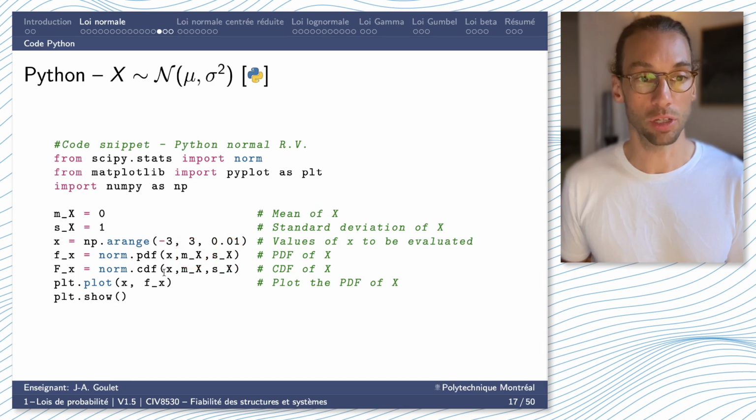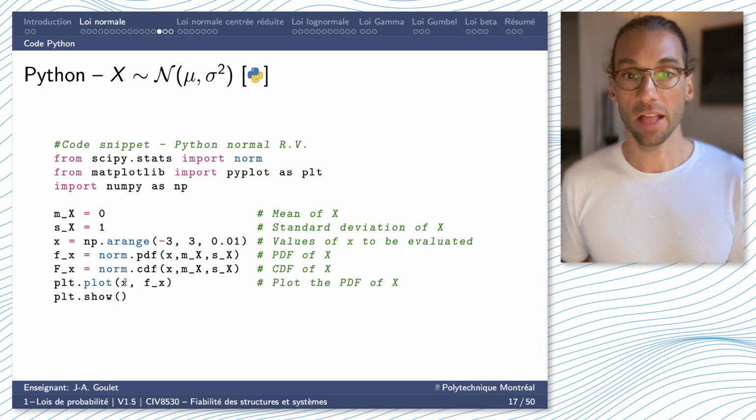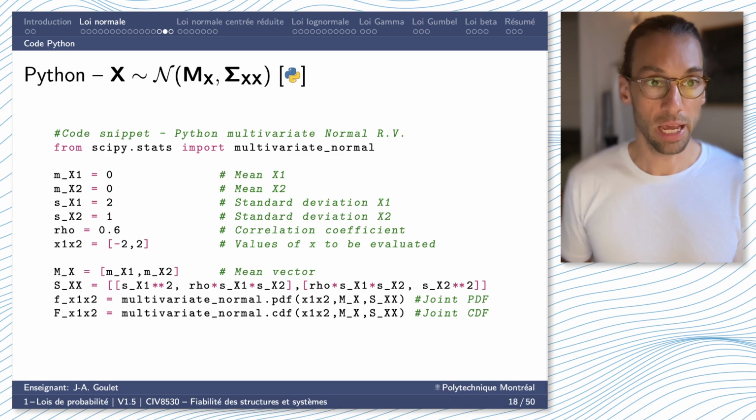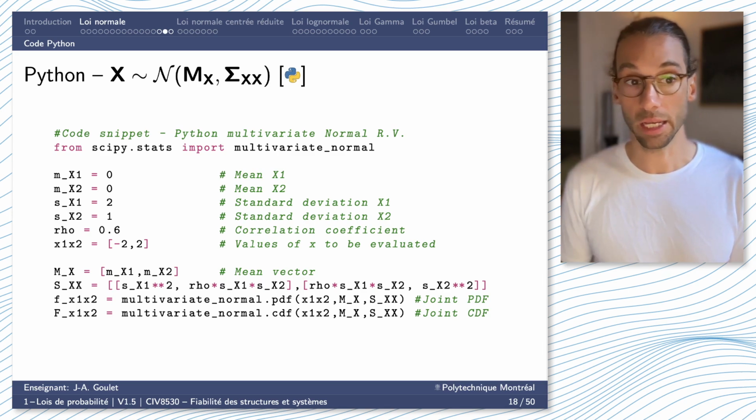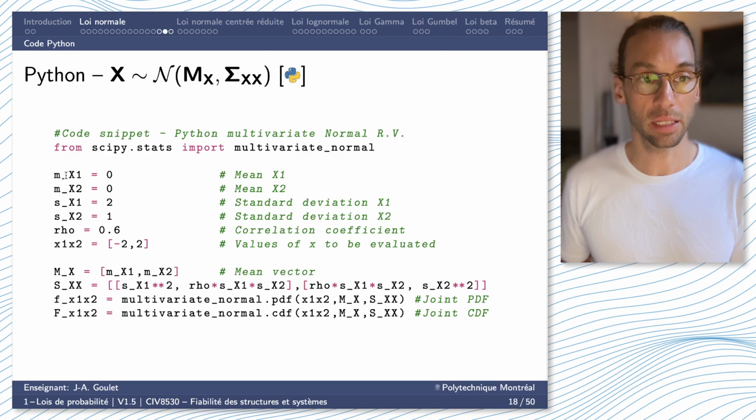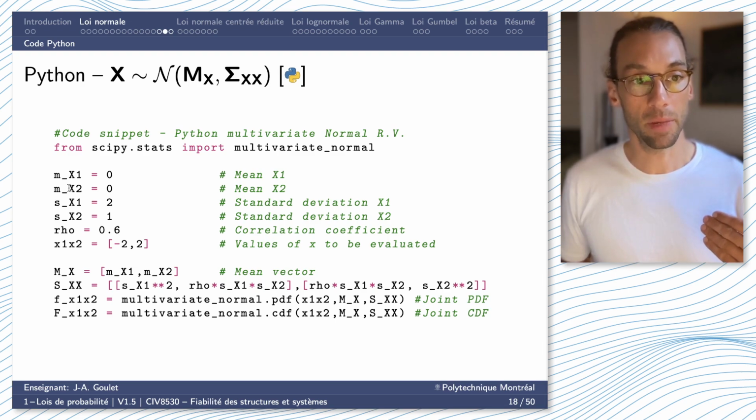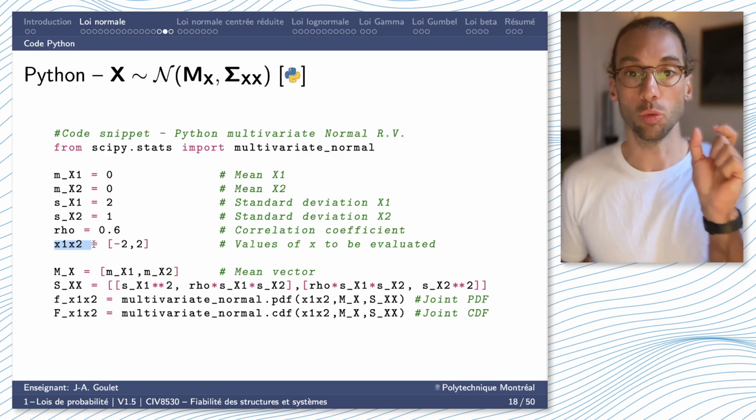We can do the same thing for the CDF, and we can use plt.plot with the values on which I want to plot and the values of my CDF. I show my plot. So this is for a simple 1D case. If I want to do a multivariate case, in the bivariate case I'm going to need to define my mean values, my standard deviations, my correlation coefficient. I need to define a tuple on which I want to plot.